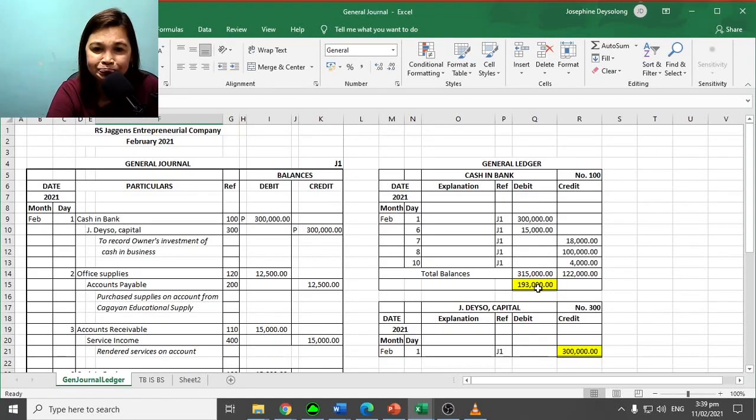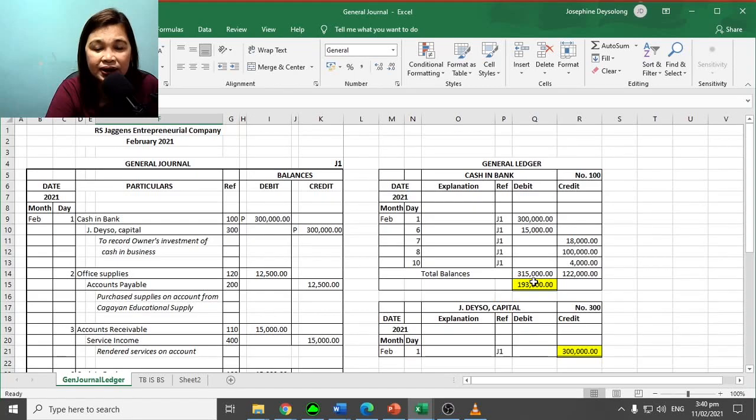For example, here in cash in bank, the total is 315,000 for debit. For credit side, the total is 122,000. Now, the difference here is 193,000. So, which one is higher here, the debit or the credit? Obviously, it's the debit side, which is 315,000. So, your difference here, of course, which is 193,000, should be on the debit side.